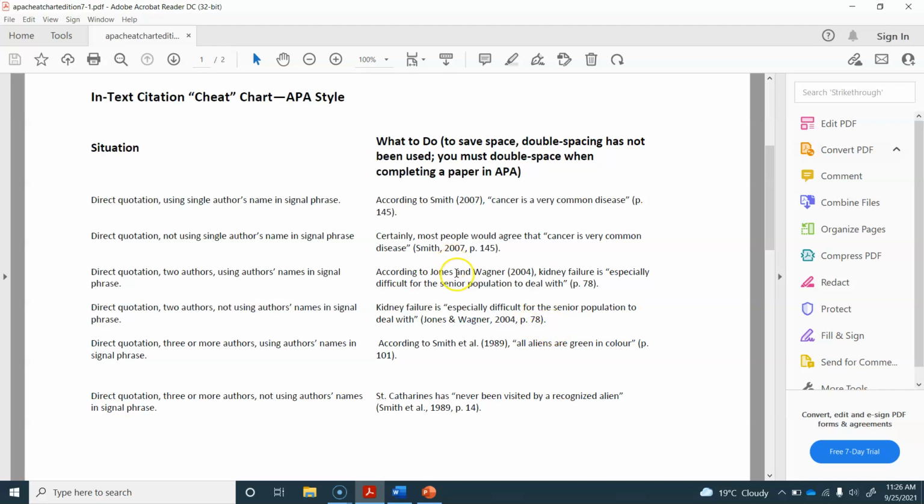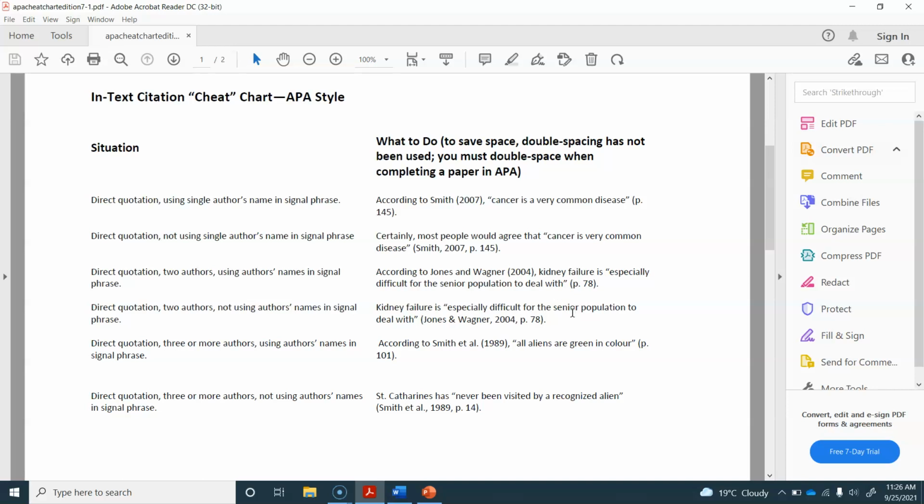Okay, why is it different? Why it's AND in one situation and ampersand in the other situation, I can't explain for you. It's just the APA rule. Okay, that's how they want it done.